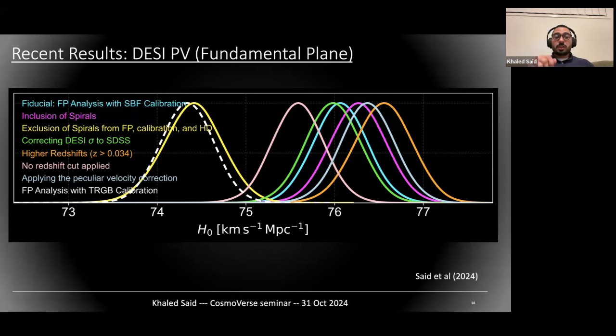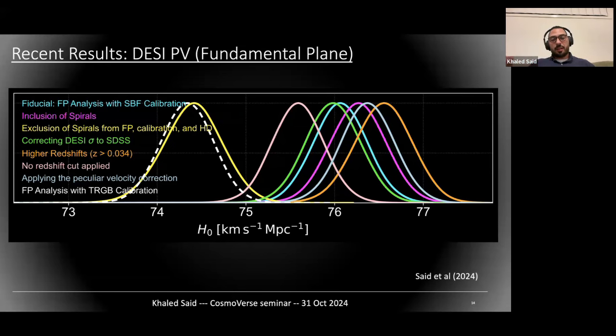But that's only in SDSS, and we didn't see this with other surveys like 6dF, for example. We think the problem with SDSS is that there are a lot of fiber collisions, and it might be a problem with the survey itself, SDSS, not with the fundamental plane in general.